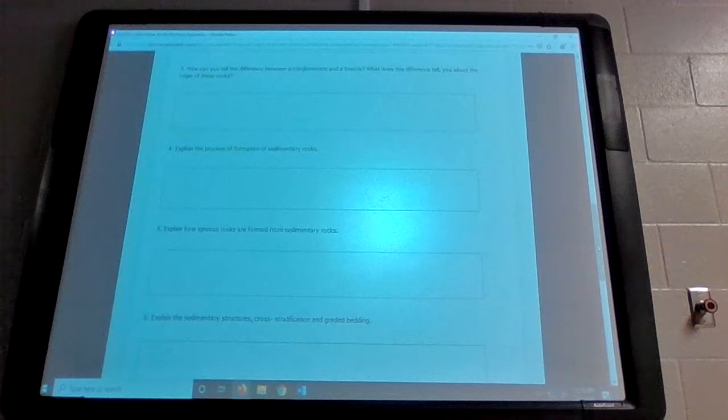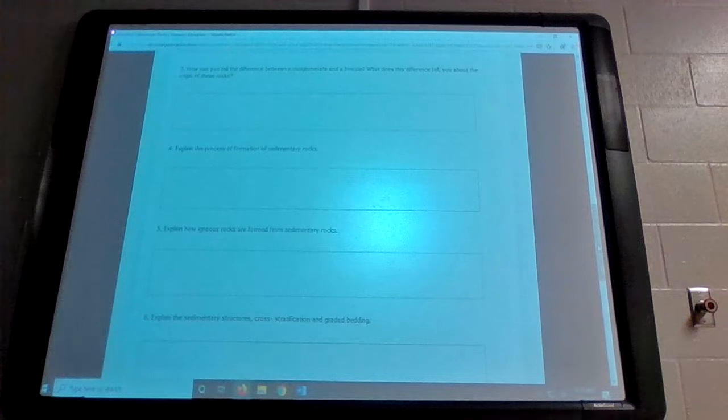No. So what's the last thing I need to keep all my sand together and make a solid rock that's not just gonna fall apart? Not heat, because heat gets you into metamorphic or igneous rock. The last thing that holds it all together is called cementation. Literally like I'm cementing something or gluing it. Cementation is the last little part.